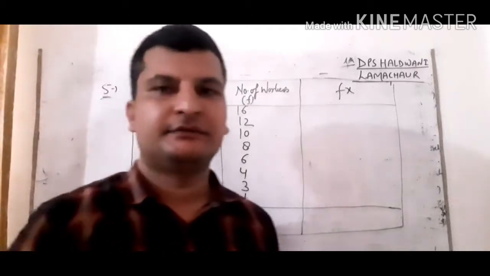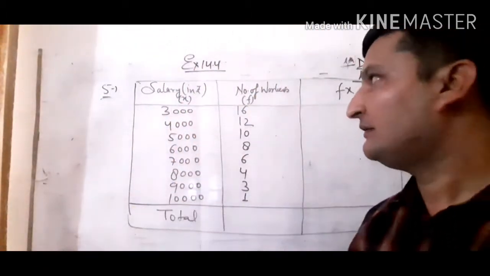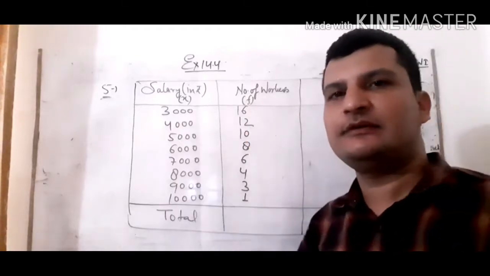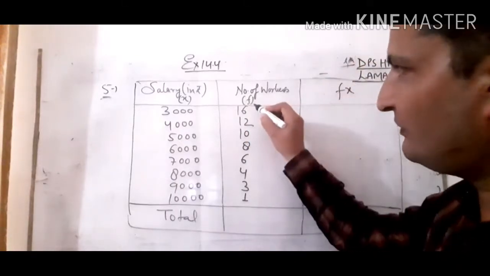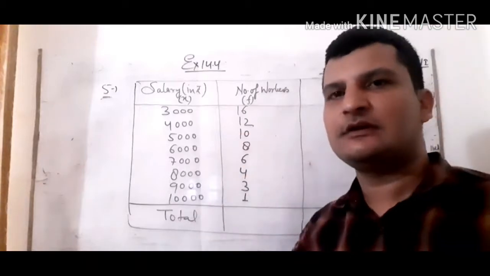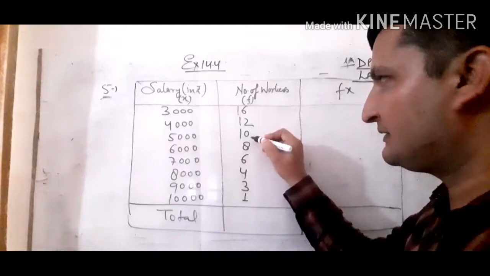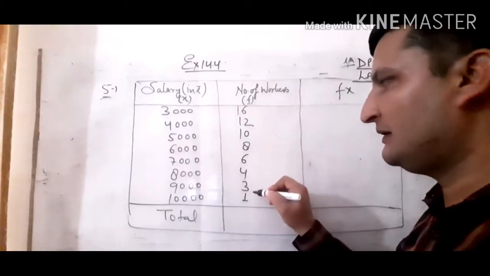Now, first I told you that we have to find the value of sigma f. Sigma f means the summation of all the frequencies, when we add all these frequencies: 16 plus 12 plus 10 plus 8 plus 6 plus 4 plus 3 plus 1.